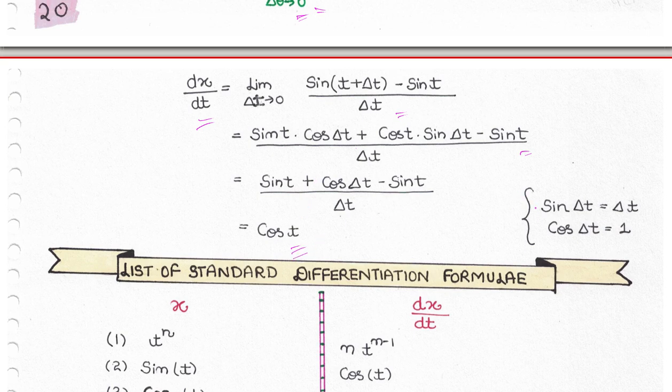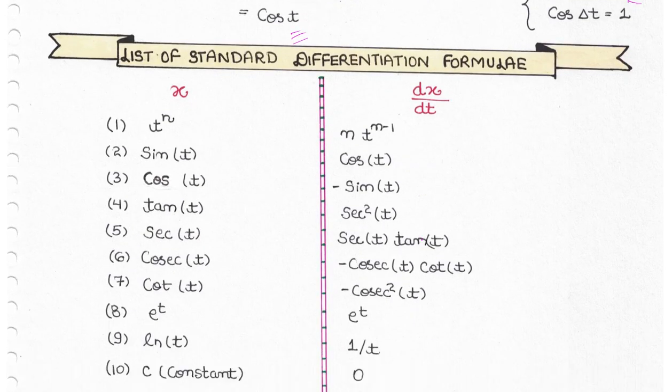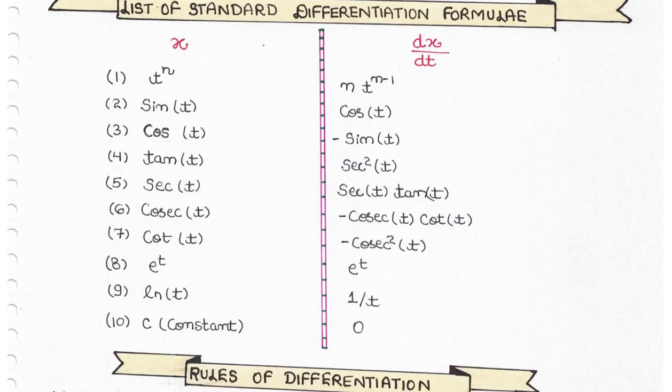Here we take these two facts where sin delta t is equal to delta t and cos delta t is equal to 1. Now we have a list of standard differentiation formulas where this column represents the function and this column represents its differentiation with time.